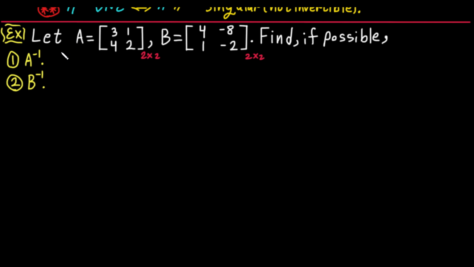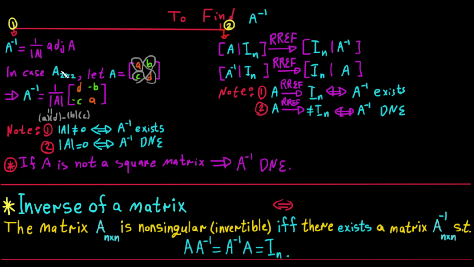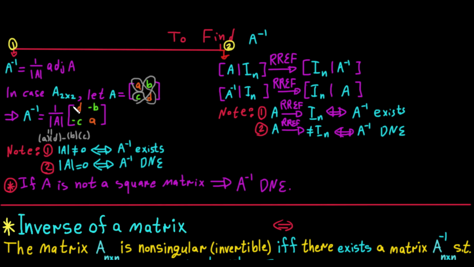Let's solve number 1. We will solve number 1 by 2 methods, and the same thing for number 2, we will solve it by 2 methods as we mentioned up. So just to confirm how we will use the first method to find this A inverse, we have to use this formula, and we have to start from here.